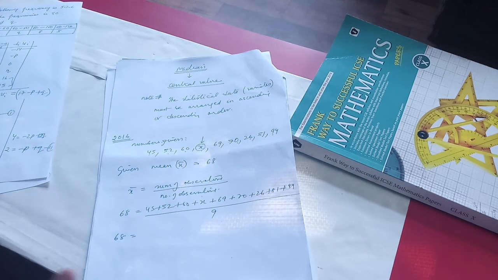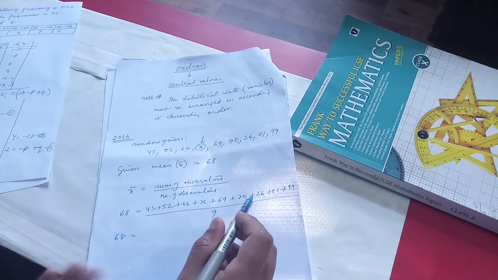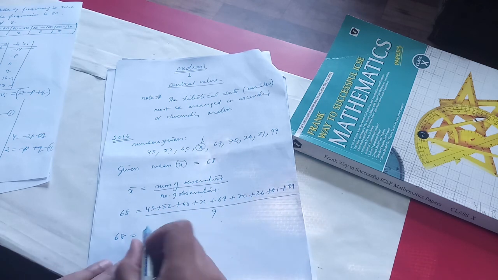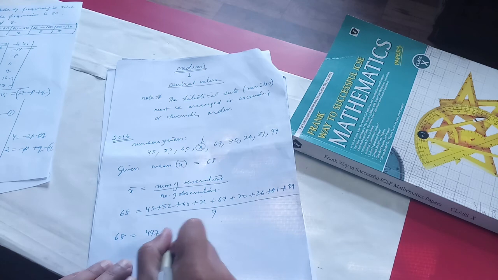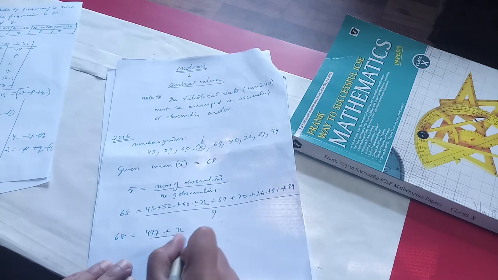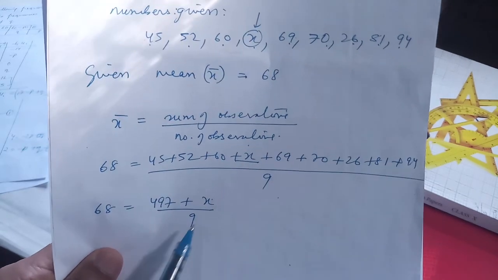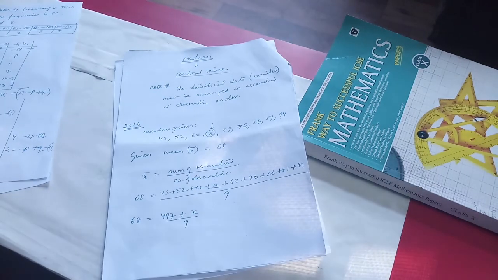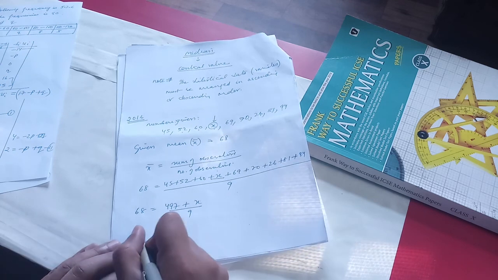Okay, so like this you have to add. Now if you add all the numbers, it is 497 plus x, divided by 9. Now you take 9 and cross multiply. So 9 into 68 will give you 612.